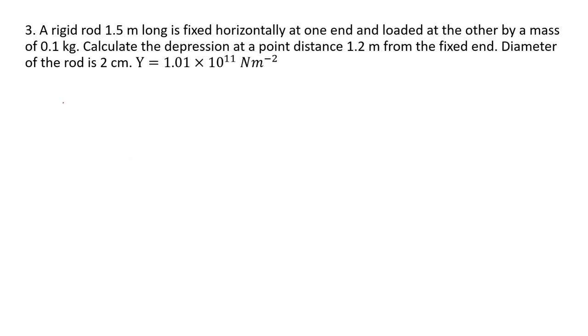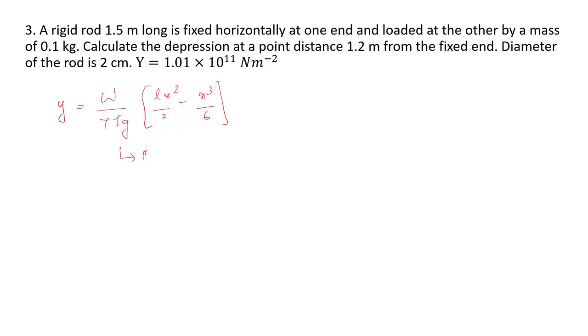We can use the same equation. The depression at a point is given by W, the weight, divided by y Ig into L x square by 2 minus x cube by 6. A similar equation, but we need to change it for the particular situation. Here Ig changes because we have a circular rod.